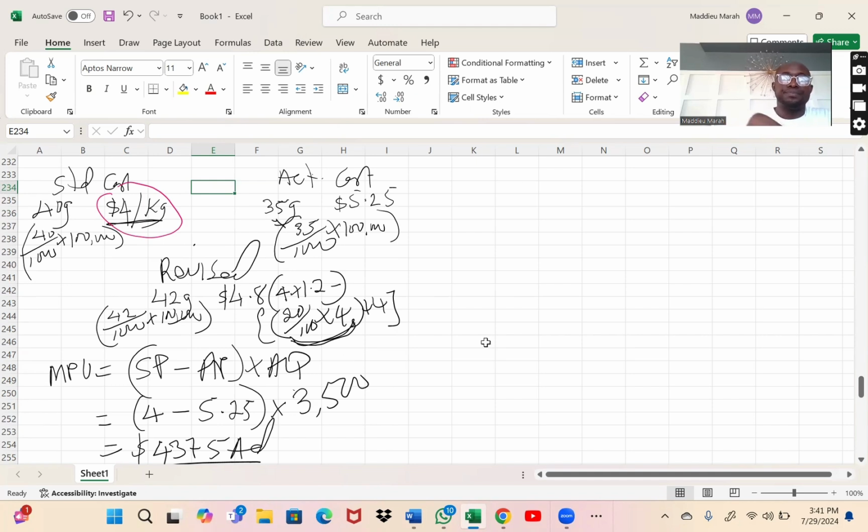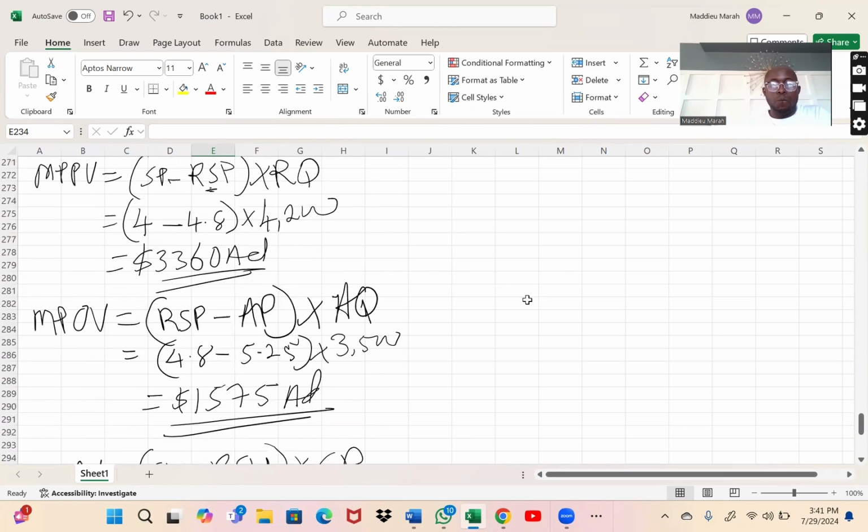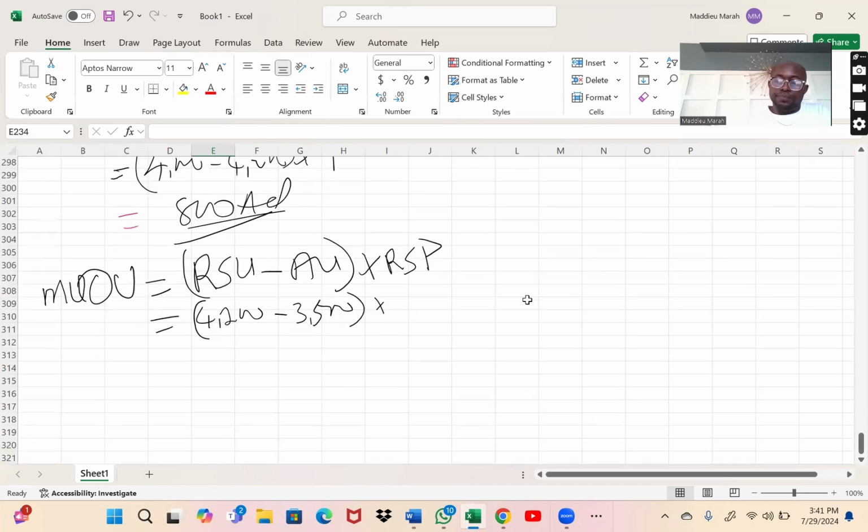You can see from here, 4.8. So our revised price is 4.8. It's very important. Now, this variance is what? Favorable variance.